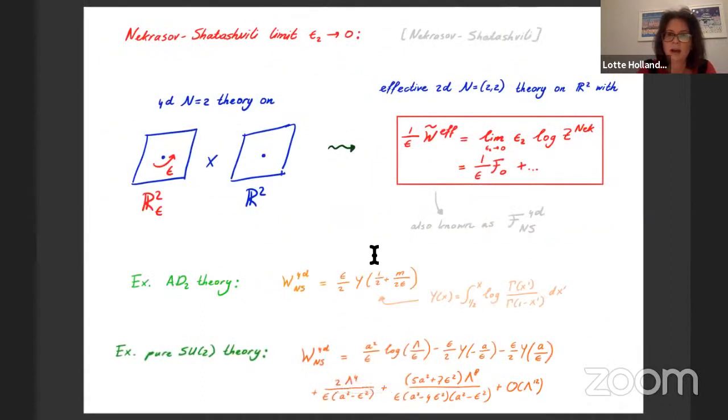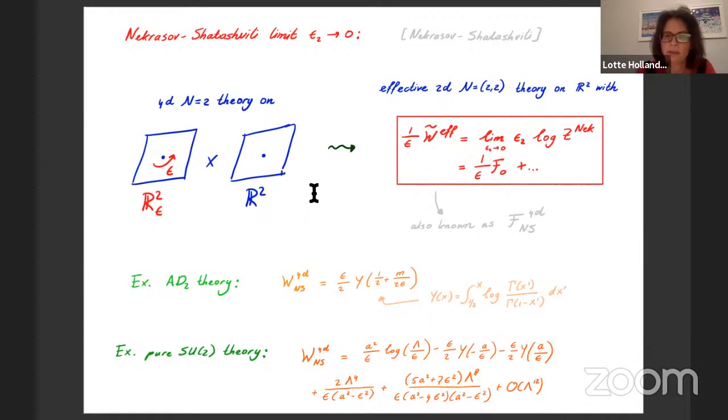Right, so most of this talk is concerned with the so-called Nekrasov-Shatashvili limit. That is, we take one of these equivariant parameters to 0. That means we're considering this four-dimensional N=2 theory on R^2_epsilon times just the plane R^2, which means that effectively this theory can be described as a two-dimensional theory.